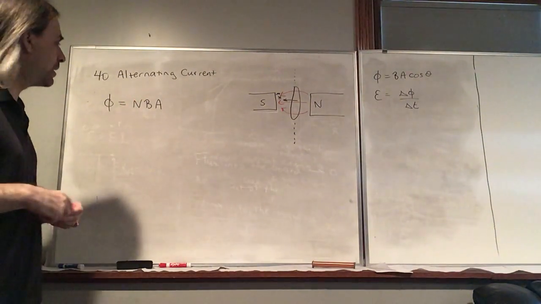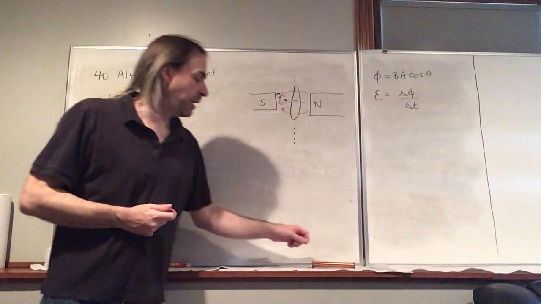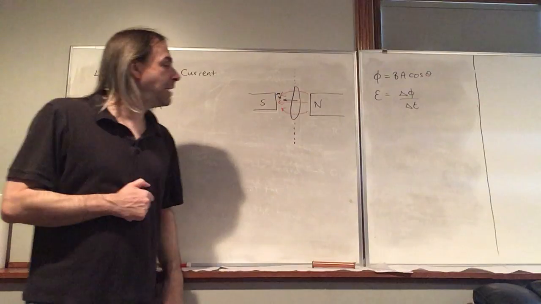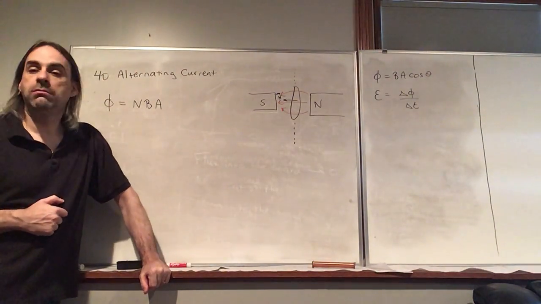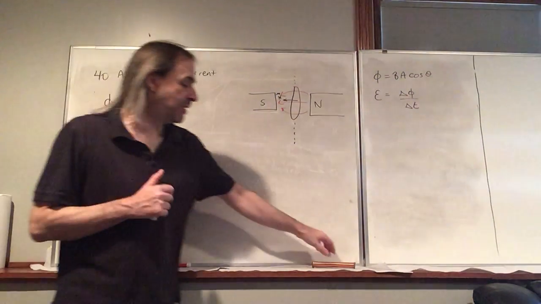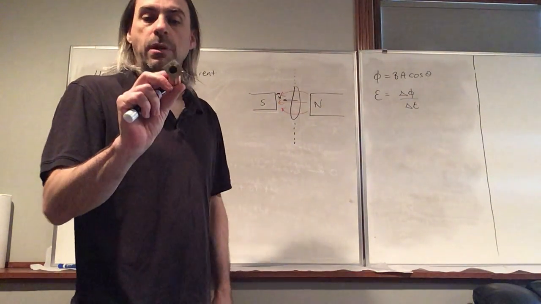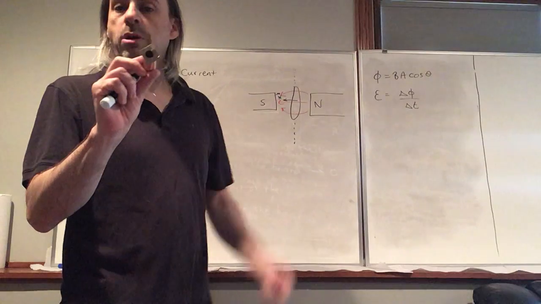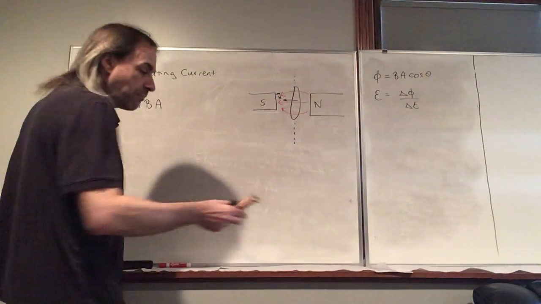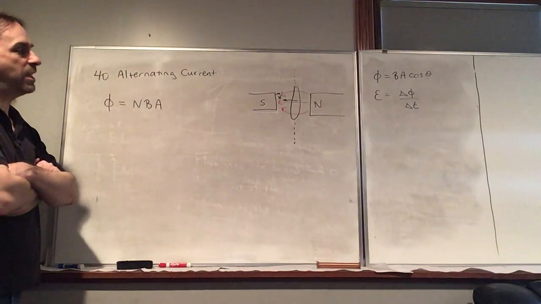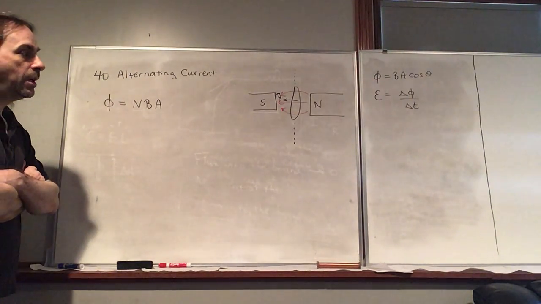Okay, so N is the number of loops in the coil, B is this magnetic field, and A is the area of a single loop. So if this is our coil, A would be this cross-section area. Just the loop, not this cardboard at the end. So that'd be the flux through this coil.